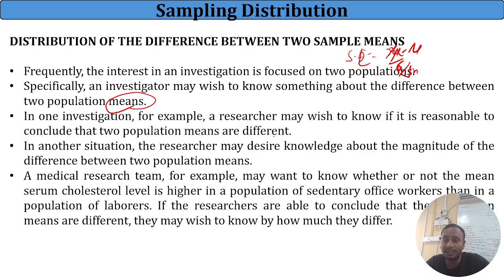Once we know there is a difference, we have to find the actual value. Statistics is not just about making a claim. We have to tell the exact number, how much percentage difference is coming between the two populations.